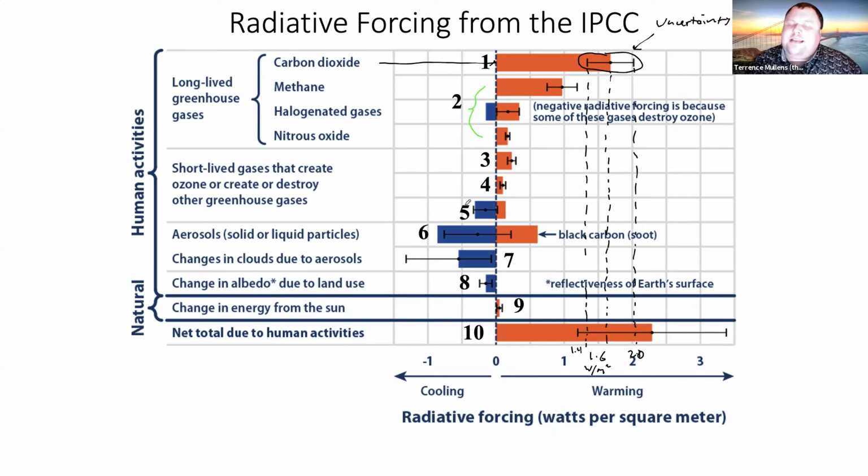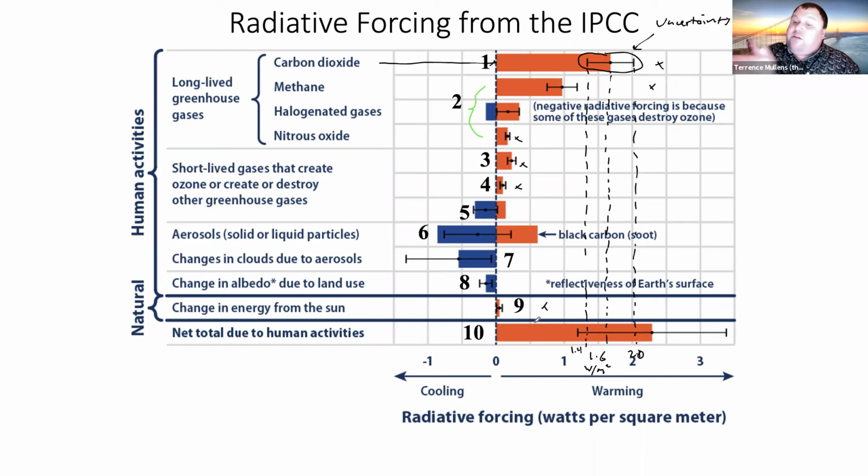Now, that being said, if you notice, most of the bars lie on one side or the other of the 0 line. These bars that are entirely orange, such as this one, this one, this one, this one, this one, and this one down here, those all lie on the positive side. Those are all positive forcings, meaning each one of those individual forcings has caused warming.